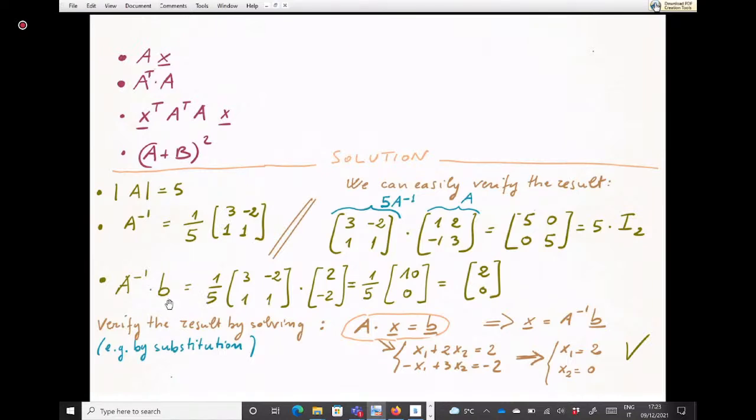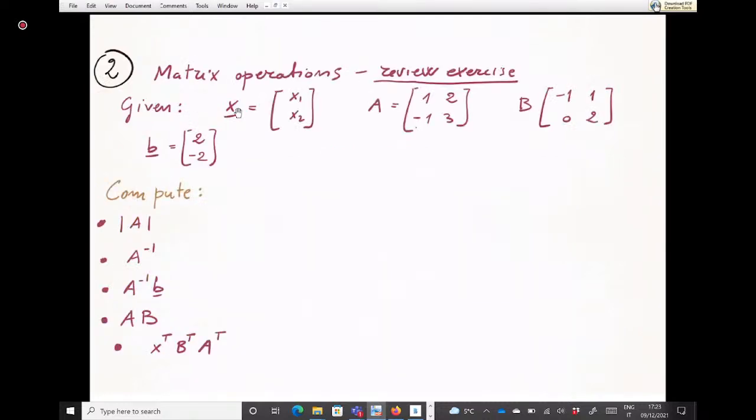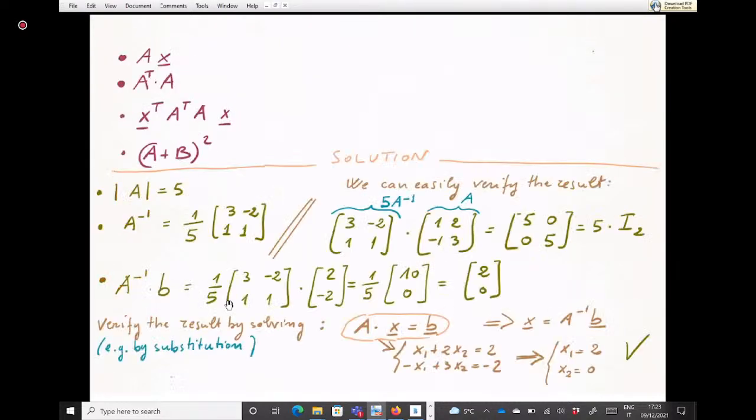A minus 1 times B. Of course, we have A minus 1. We can multiply A minus 1 by the vector B. Okay, let's do that. A minus 1 is this, times B. My suggestion is that you don't use the scalar immediately, since it is the product of a scalar by a matrix.